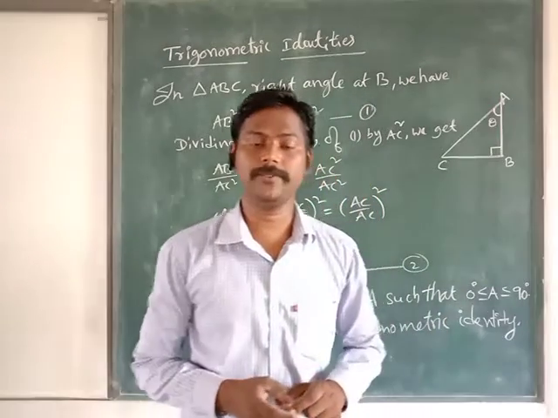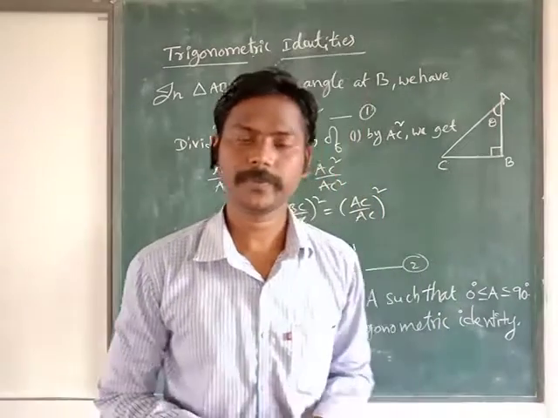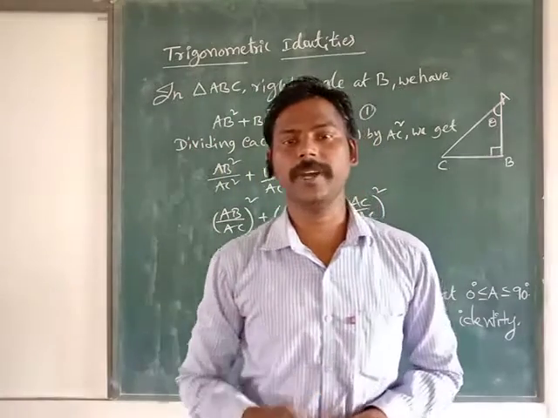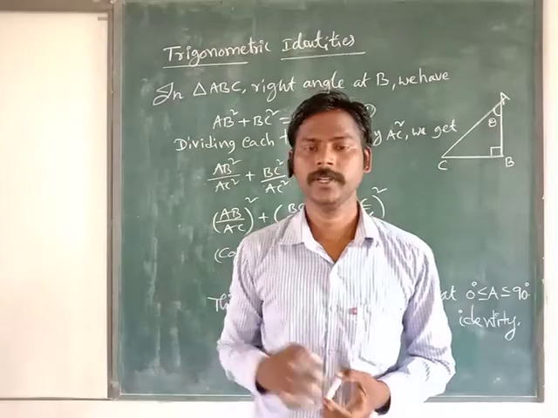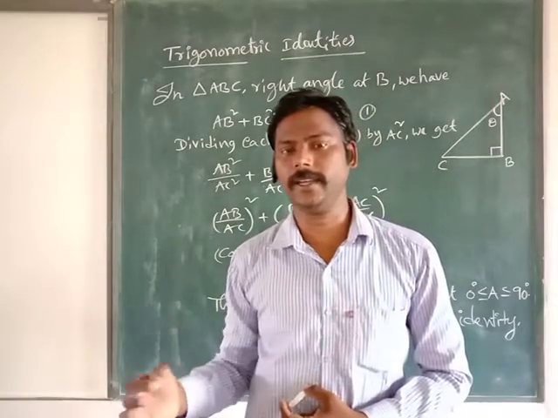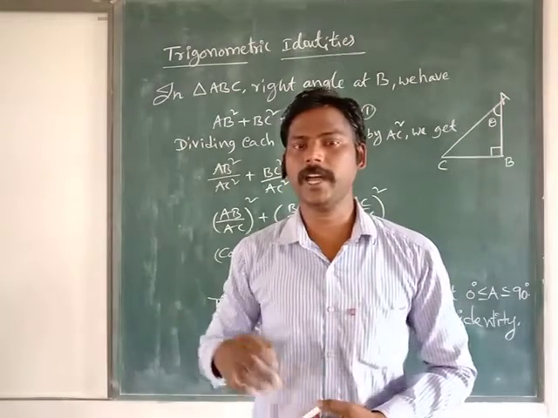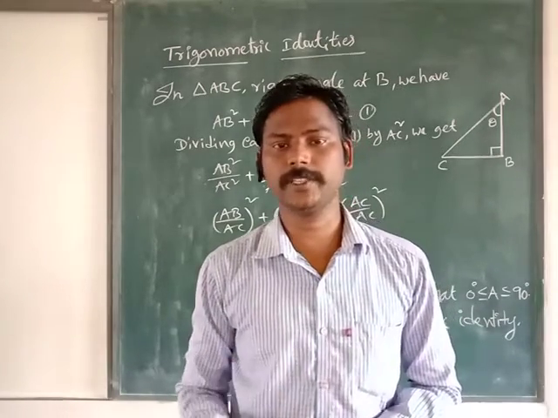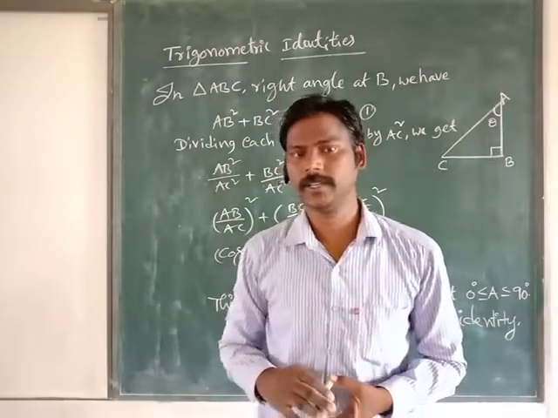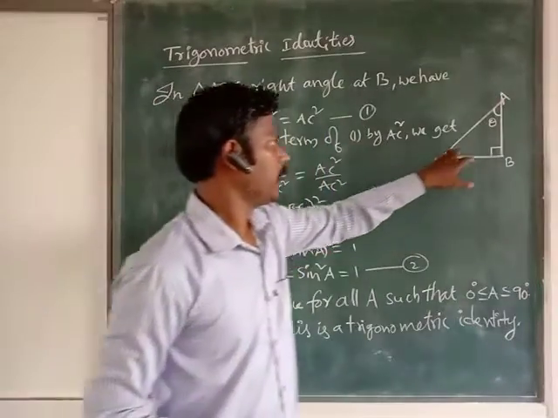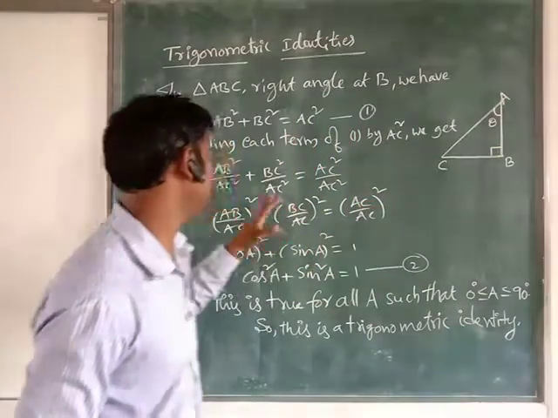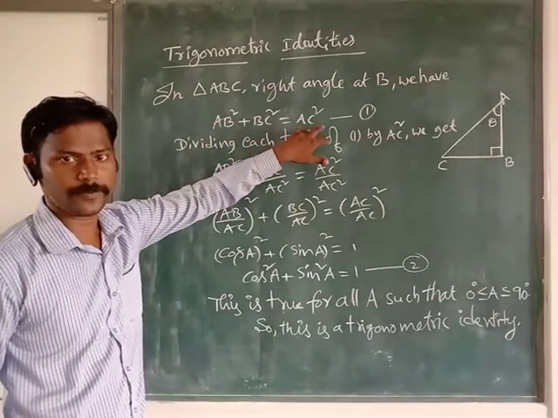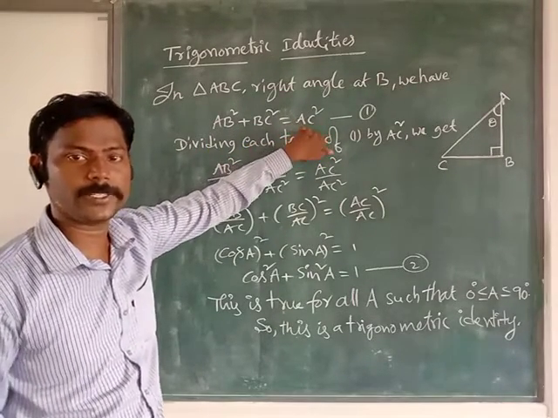Already we learned this in the definition of trigonometric ratios. And we already know about the Pythagoras theorem. What is the Pythagoras theorem? In any right angle triangle, the square of the hypotenuse is equal to the sum of the squares of the other two sides. ABC is a right angle triangle, so AB square plus BC square equals AC square. This is called the Pythagoras theorem.